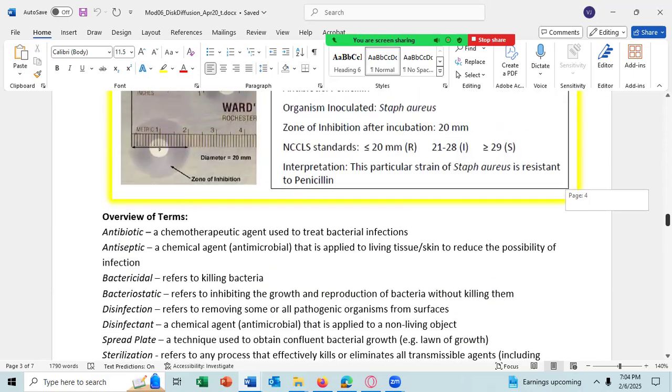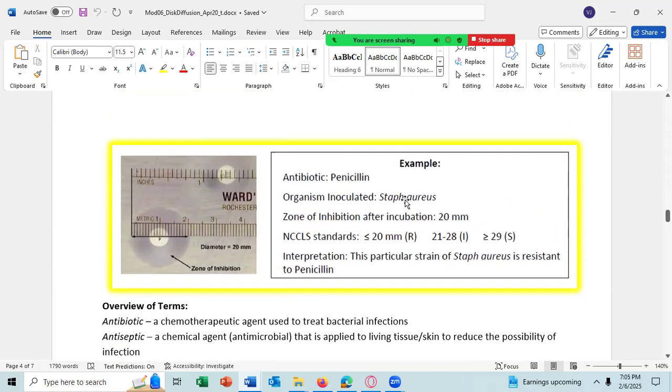So each species of bacteria, like Staphylococcus aureus, in each antibiotic will have a different standard in the table. Any question about that? So here we're measuring the size, and that's very close to about 20 millimeters, which would be that Staphylococcus aureus is sensitive to penicillin. Any question about any of that? Excuse me, not sensitive, resistant to penicillin.